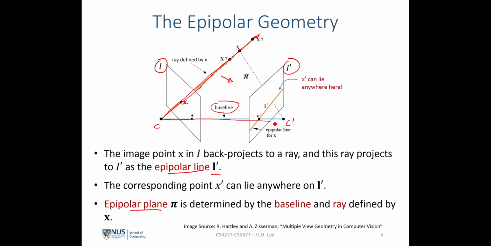And we can see geometrically from this diagram very obviously that the two lines, the back projected light ray as well as the baseline, span this particular plane which we call the epipolar plane.